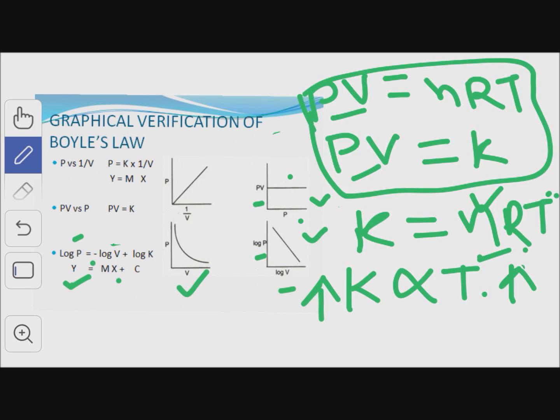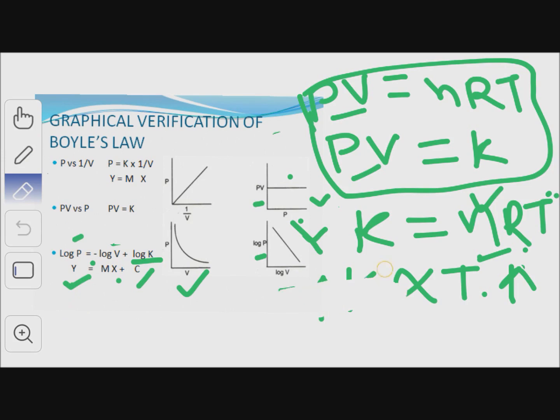Here this minus sign represents the decrease in the slope of the graph. That's why it decreases with the increase of log P. And this log K is c, which is the intercept. Intercept means the point where the line cuts the axis.